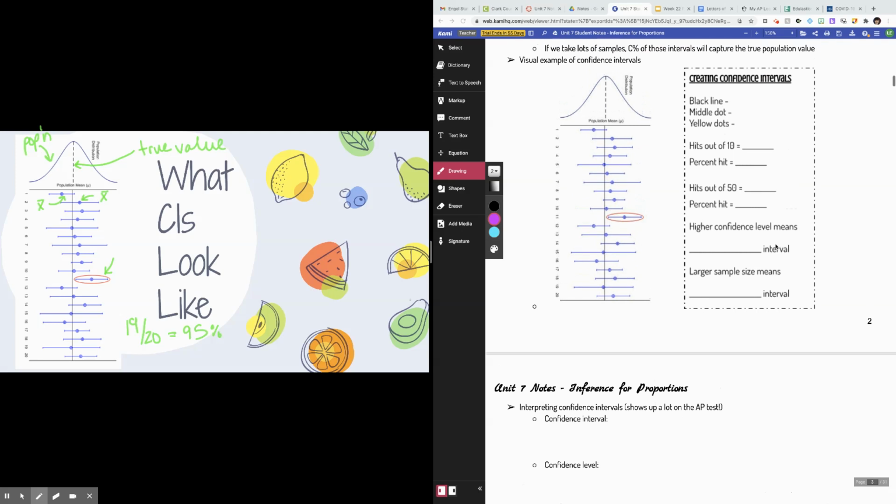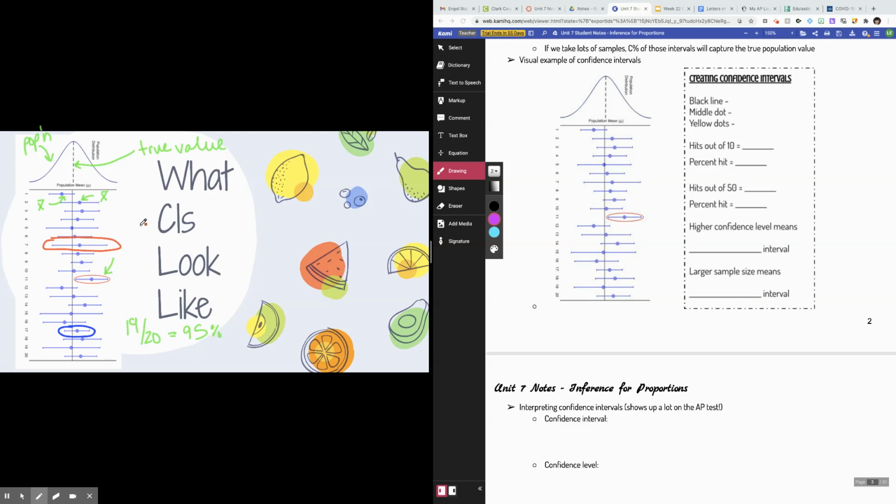So the last thing I want to talk about in this little part before I go into your interpretations is the width of your confidence intervals. So like I said, you probably noticed that there's some intervals that are much wider than others, right? There's some that are not very wide at all, say like this guy, and then there's others that are very wide, like this guy, okay?